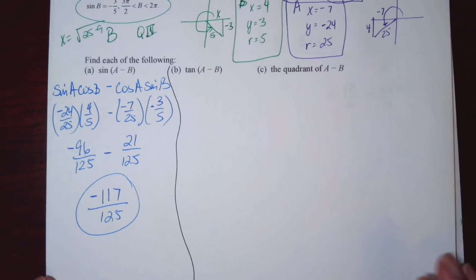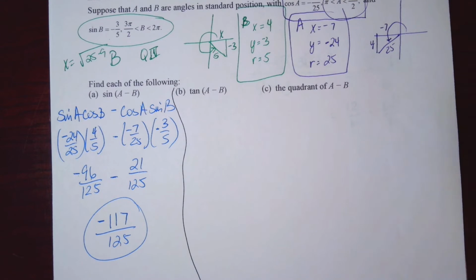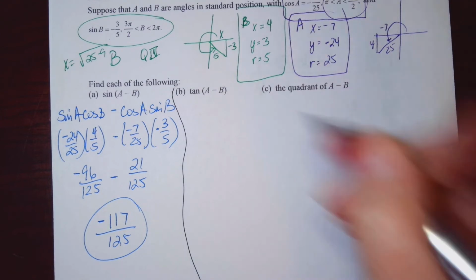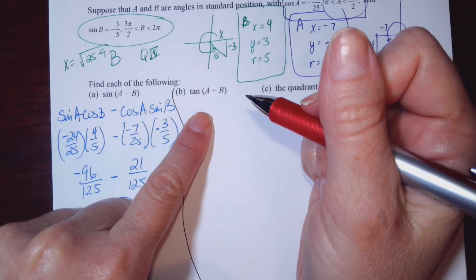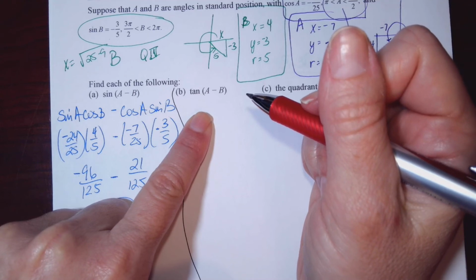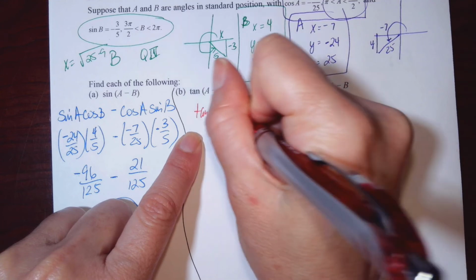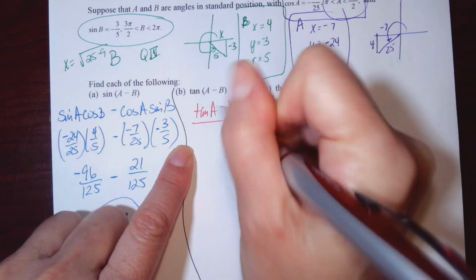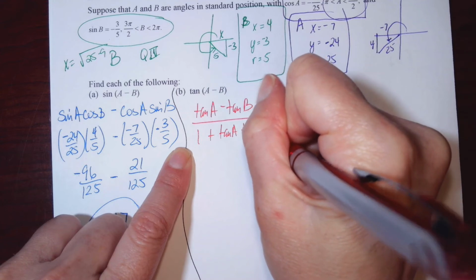Now let's figure out tangent. So tangent, using my tangent difference identity, tangent of the first angle minus tangent of the second, tangent A minus tangent B over 1 plus the product of those tangents.